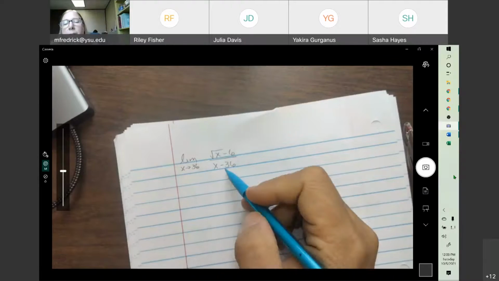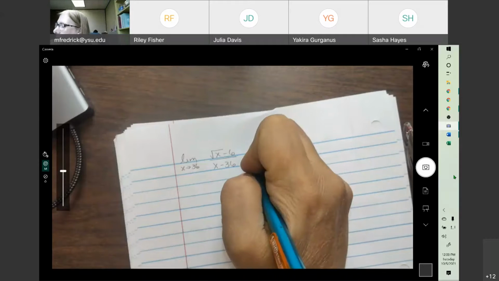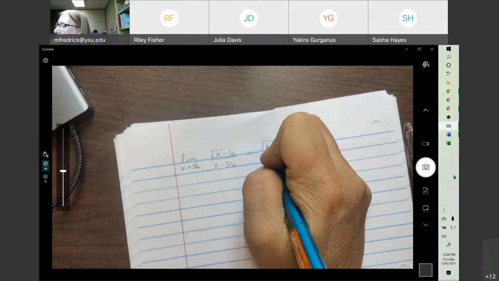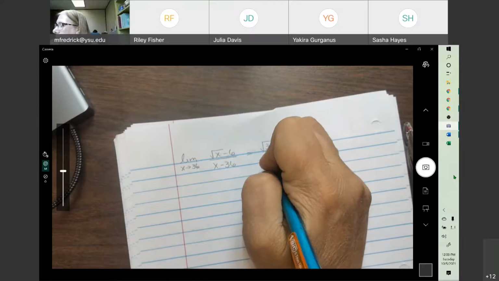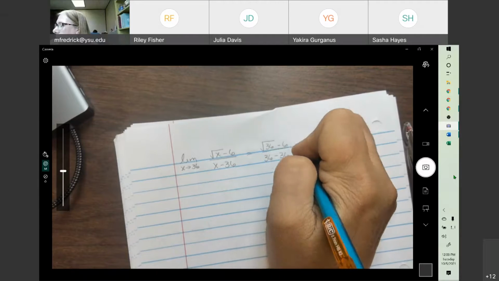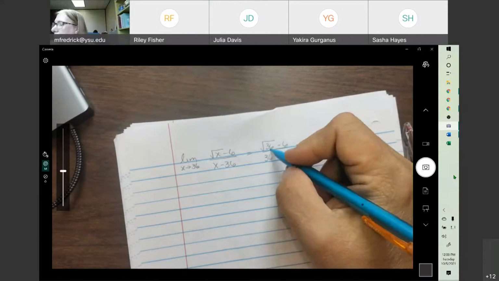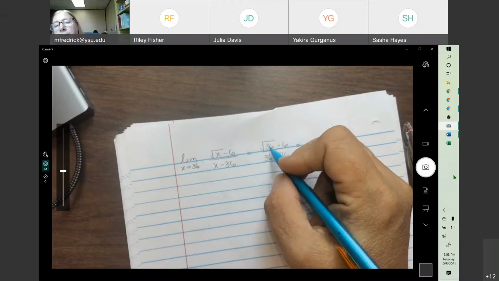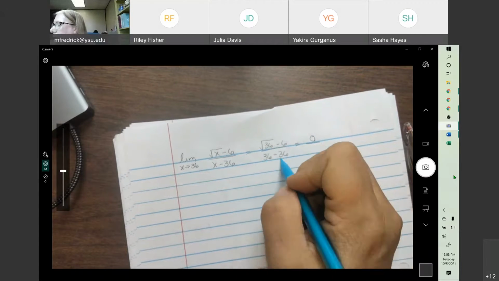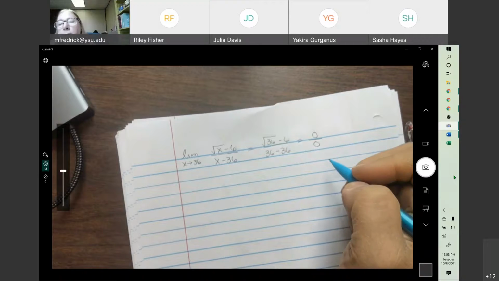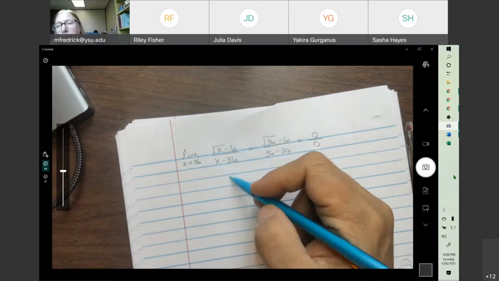When we plug in 36, do we get 0 over 0? Yeah. Because the square root of 36 is 6, and 6 minus 6 is 0. And on the bottom, 36 minus 36 is 0. So that means we need to simplify this.